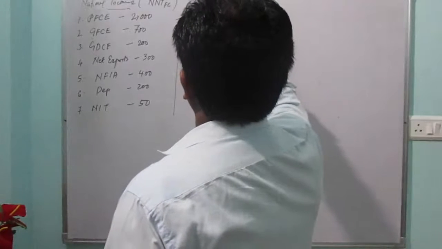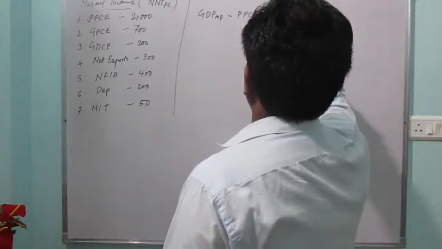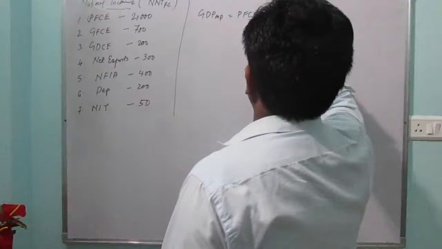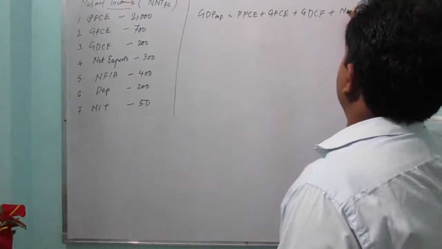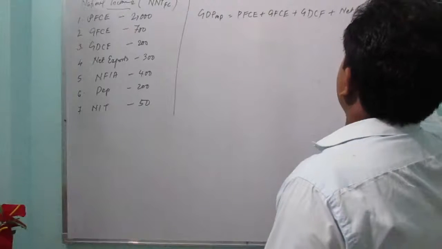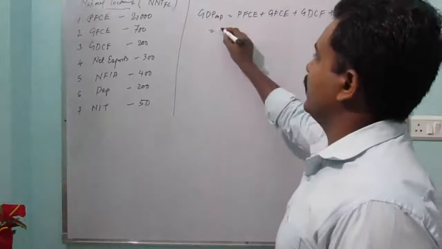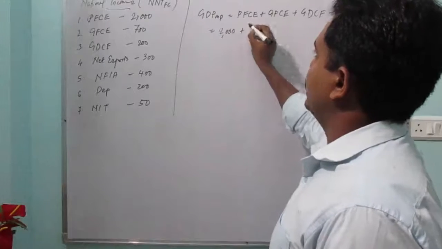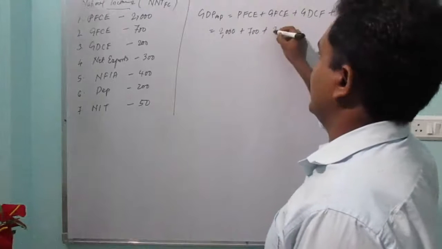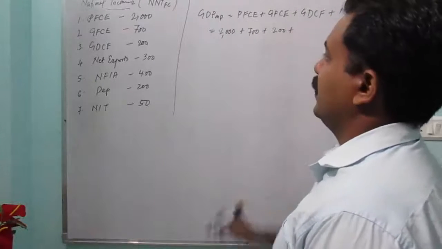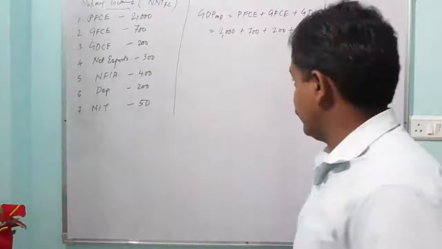GDP MP is equal to private final consumption expenditure plus government final consumption expenditure plus gross domestic capital formation plus net exports. It is all given in the order so that things are easier to solve.